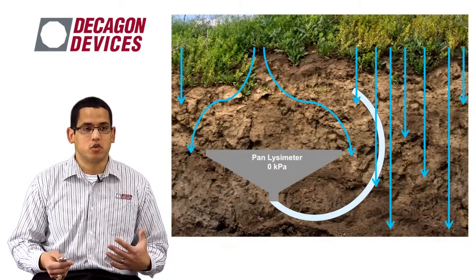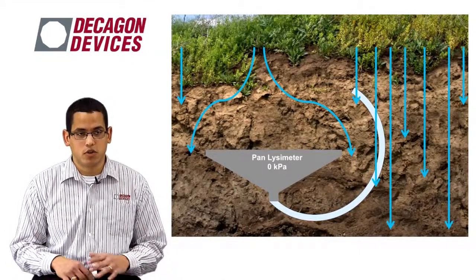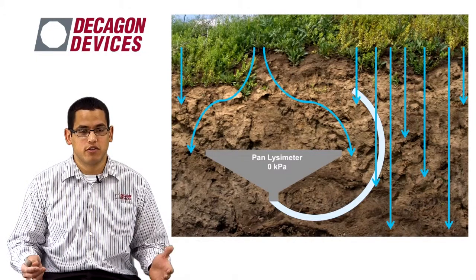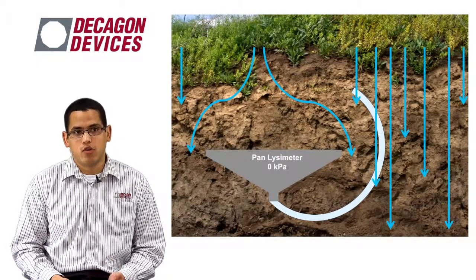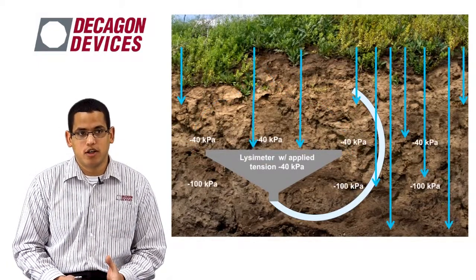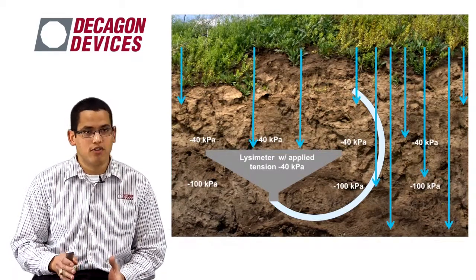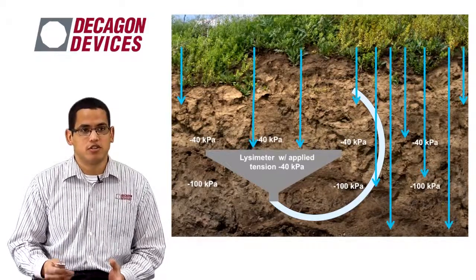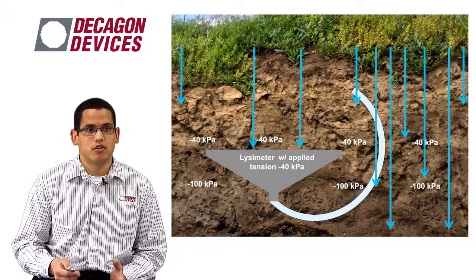Say the water in the soil is being held at 40 kilopascals. The water is just going to flow around the lysimeter towards areas of higher tension. Now, say we were able to match that tension, then we could get a more representative measurement of the deep drainage value. And that'll lead us into our next drainage measurement method.